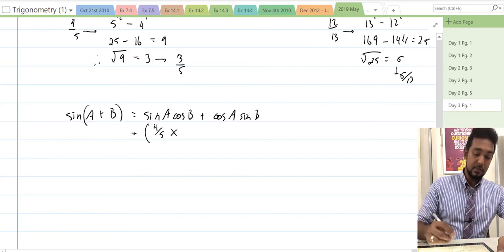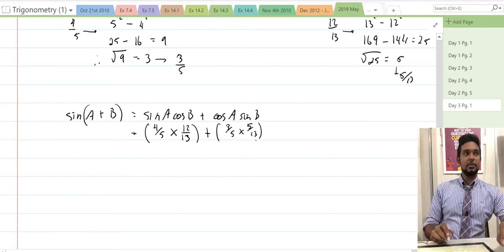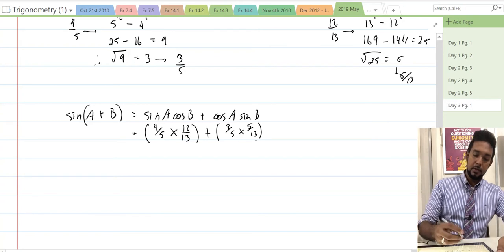Cos B, they gave us as 12/13. So is there any question there? Cos A was 3/5, and sine B was 5/13. Don't cancel down stuff just yet. Work it out fully, because you're going to have to end up adding those fractions.